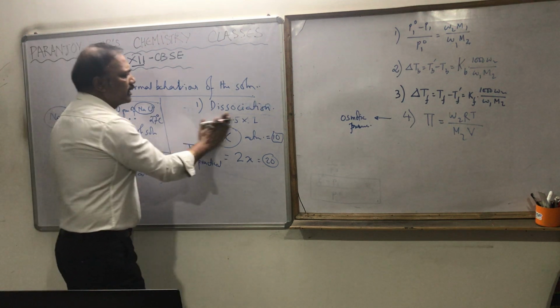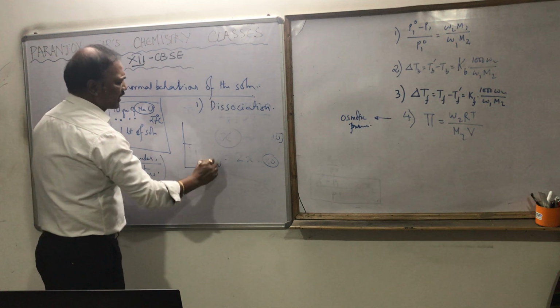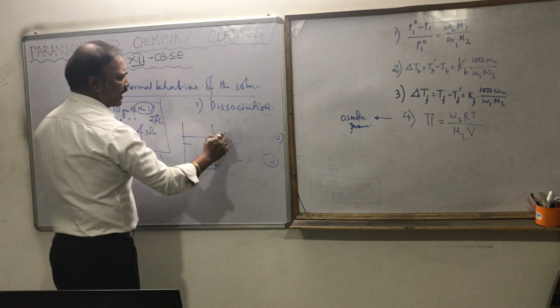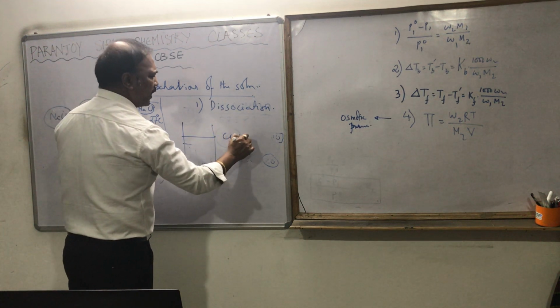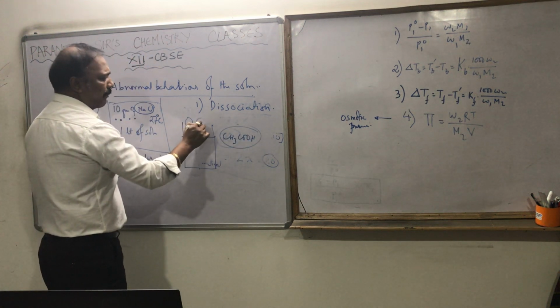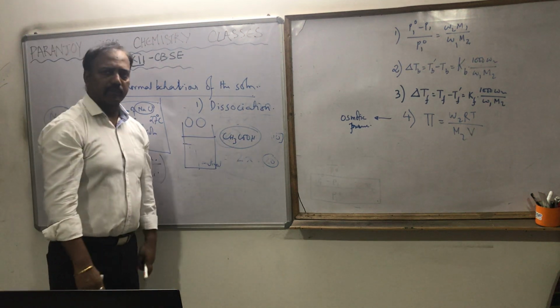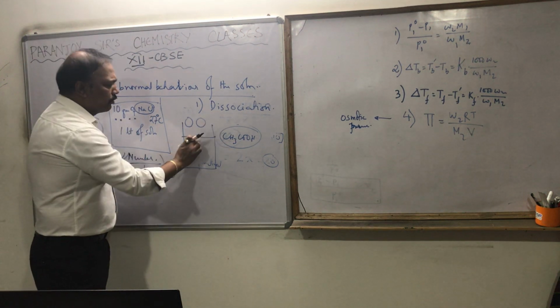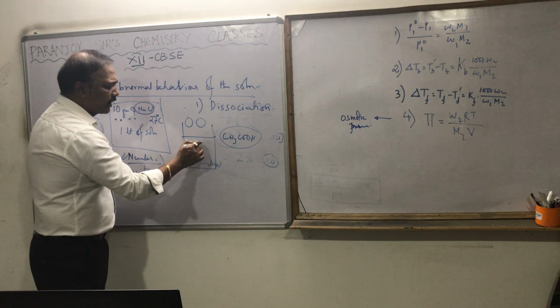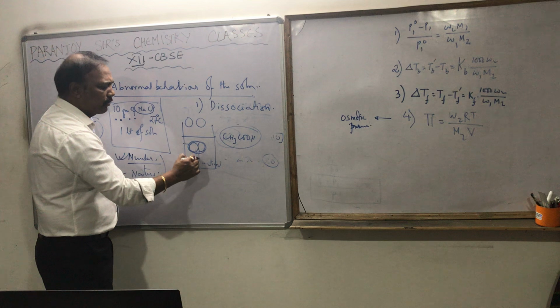Same way, in certain cases, for example, suppose acetic acid, CH3COOH. If I add acetic acid in water, suppose I am adding 2 molecules of acetic acid and we are calculating according to that. But when it goes into water, these 2 molecules become one particle. As a whole it becomes one particle. That is called a dimer.